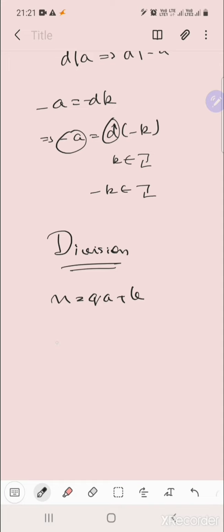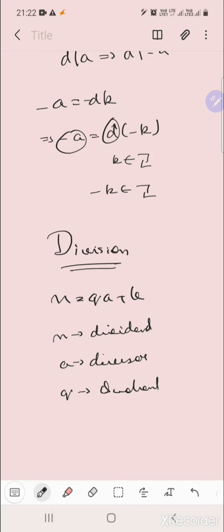These things have a number of terms. So n is called the dividend, a is called the divisor, q is called the quotient, and r is called the remainder. These things you have already learnt in junior classes, right? Dividend, divisor, quotient, and remainder. Got it?